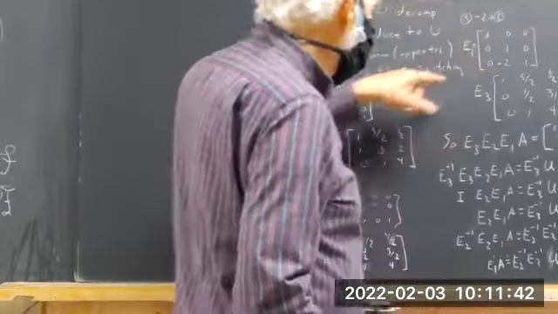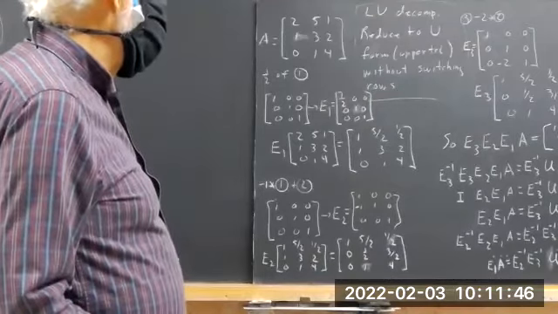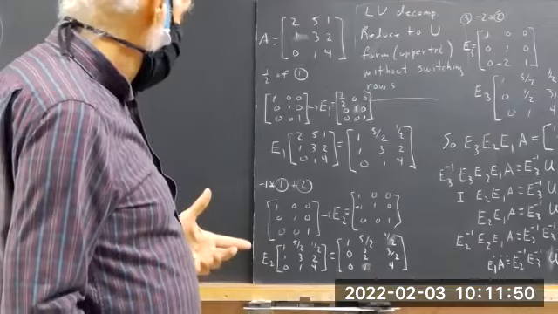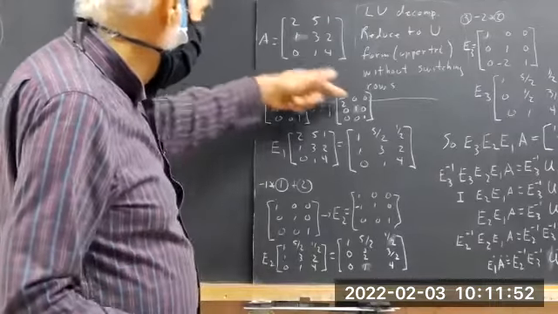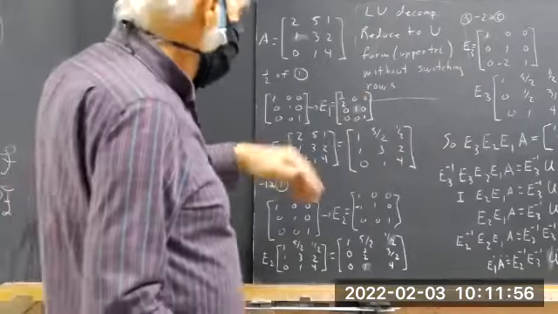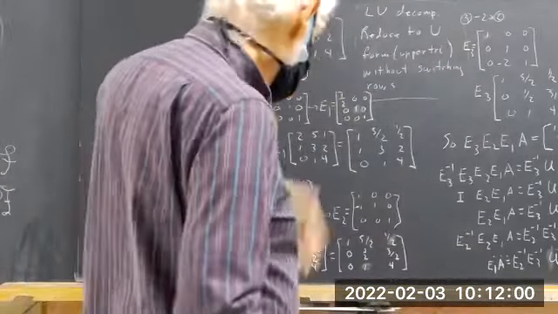Every one of these elementary matrices is lower triangular. Where's E1? There it is. It's diagonal, so it's lower triangular. Lower triangular means there's nothing above the diagonal, except zero.